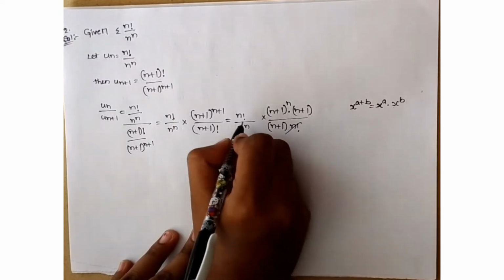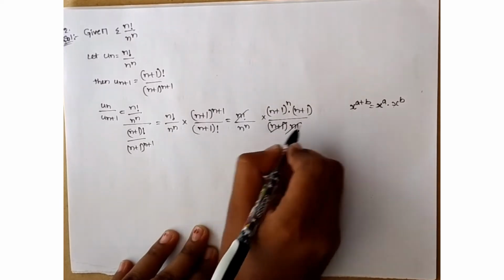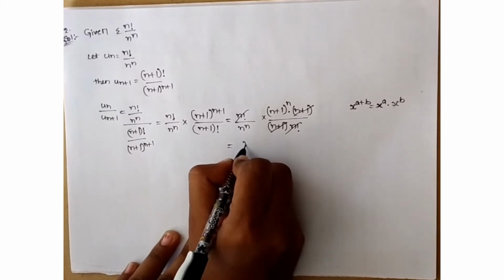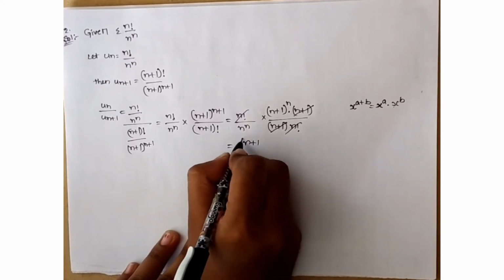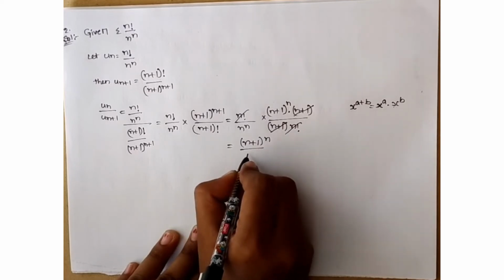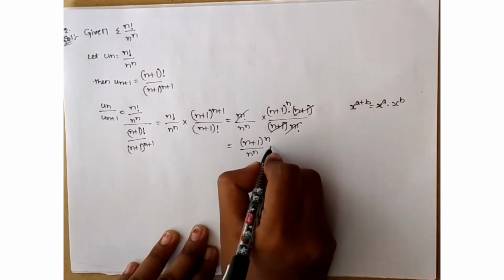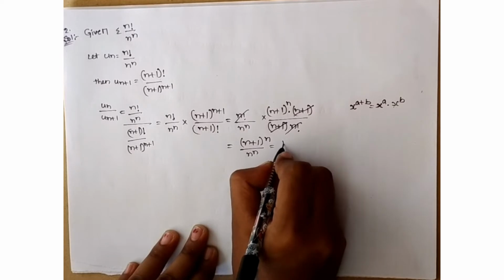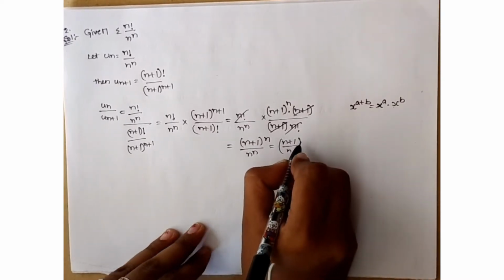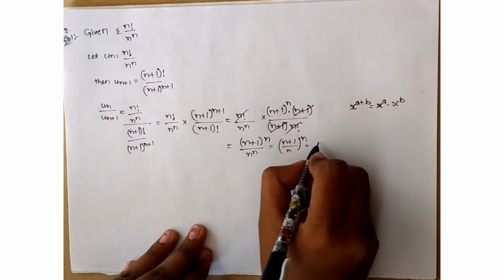Here n factorial is cancelled, then n plus 1 cancelled, that equals n plus 1 whole power n by n power n, which we write as n plus 1 by n whole power n.